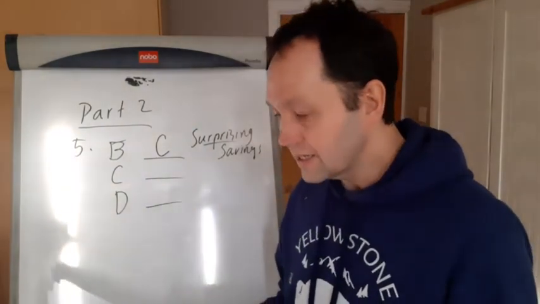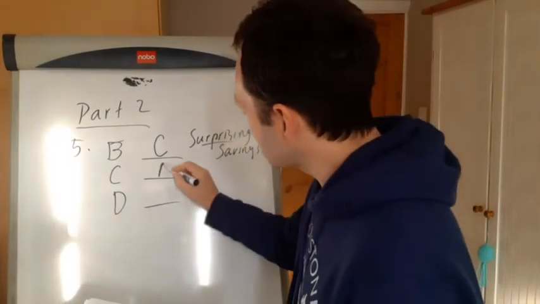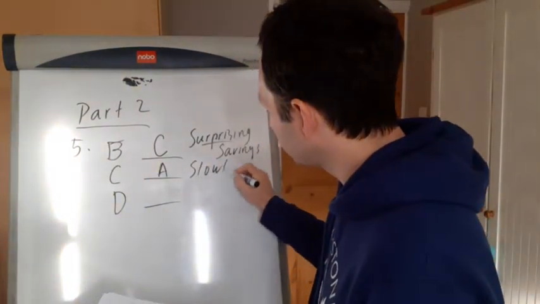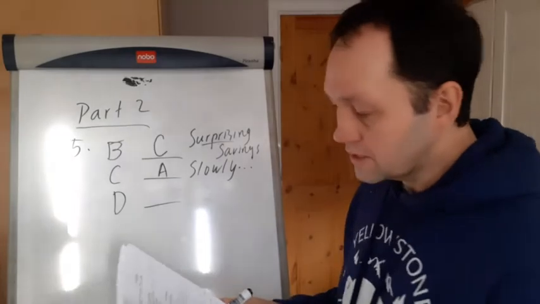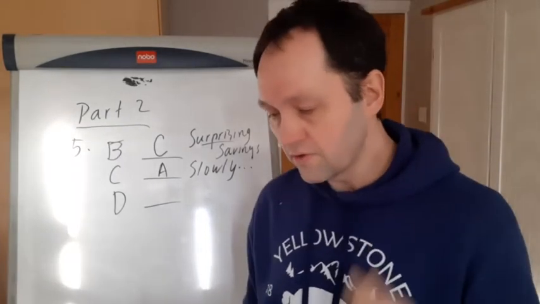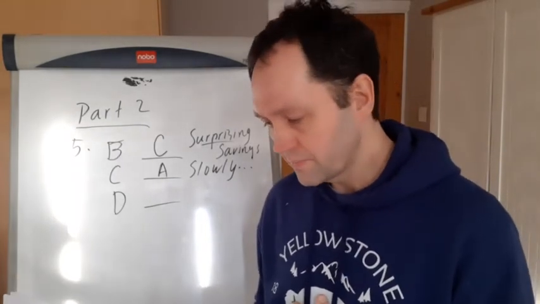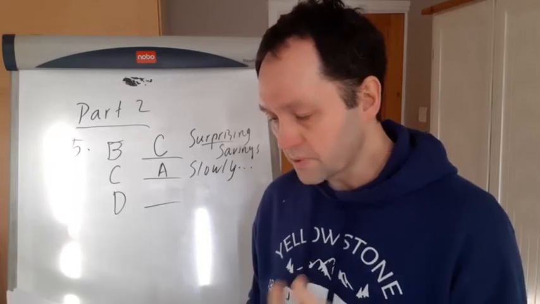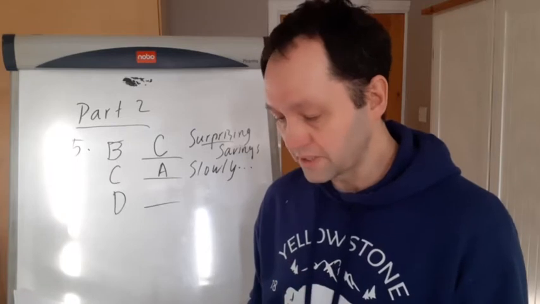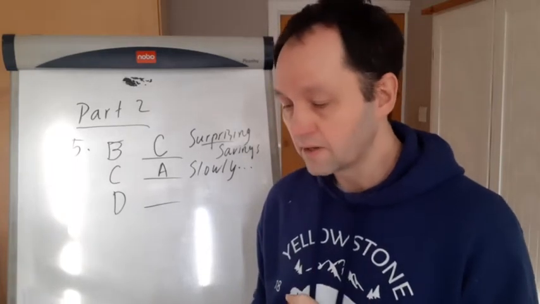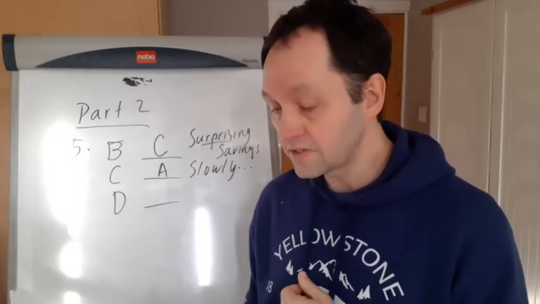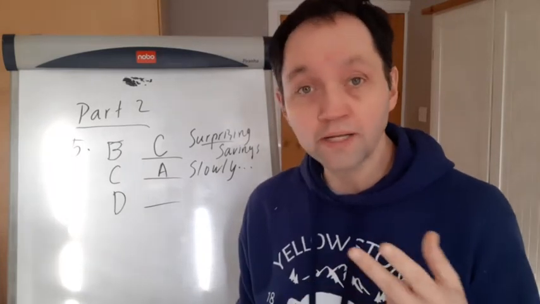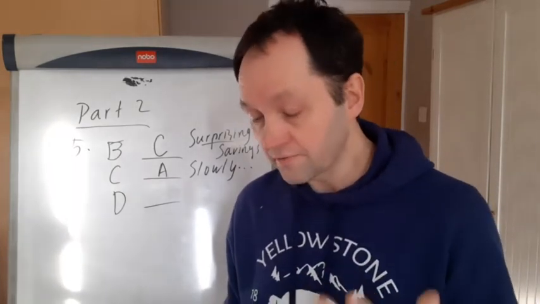In C, this one is quite tricky, but it's slowly getting better. Why? Well, if you look at text C, this person hasn't done very much, but they are just getting better now. "I visited the Green Energy Agency to find out which money I could save after a friend had been there.